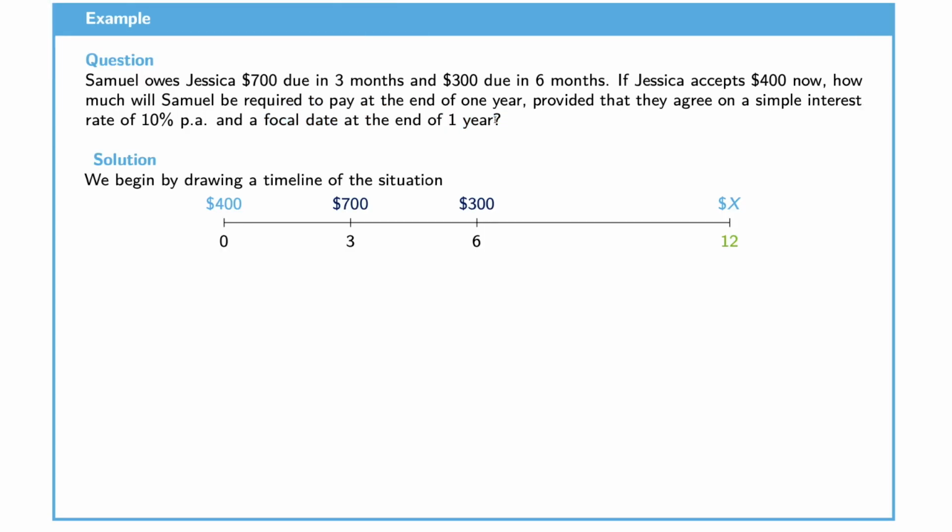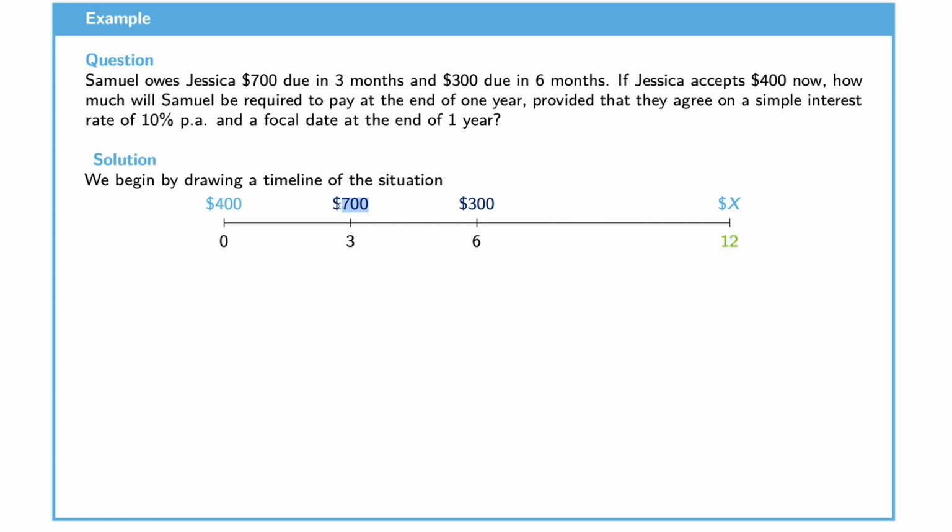So, let's draw in what's happening here. We've got our $400 that Samuel has paid to Jessica now. I've put this in light blue. Samuel's also going to pay Jessica a sum of money, X dollars, at 12 months. Notice here I've put 12 in a different color to denote that it is in fact the focal date.